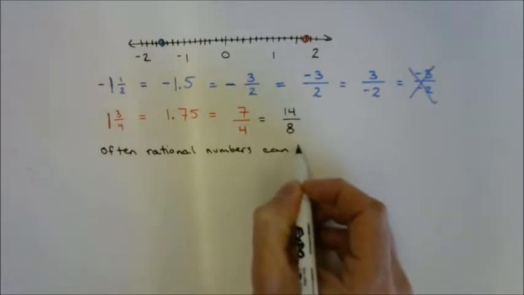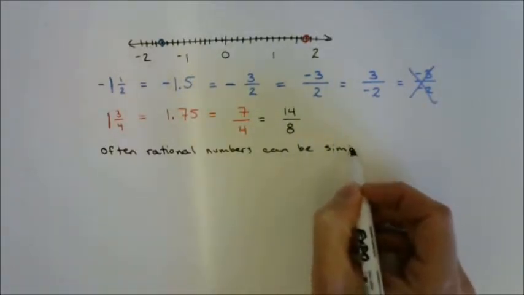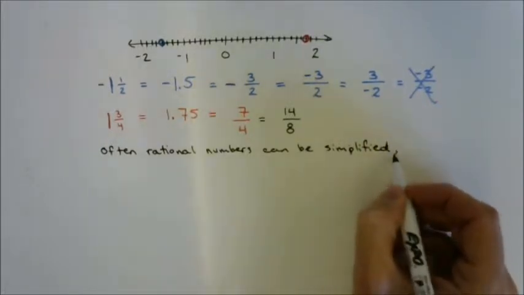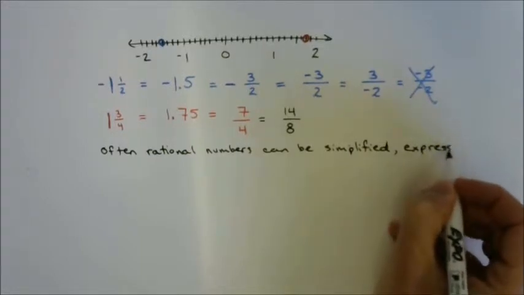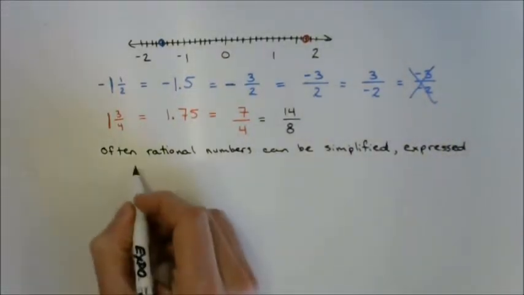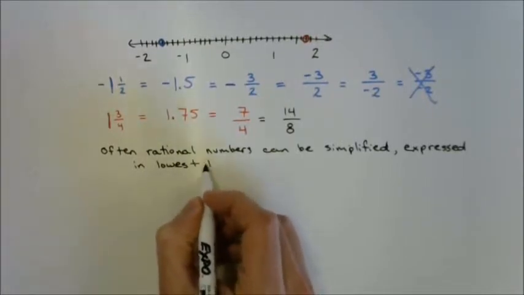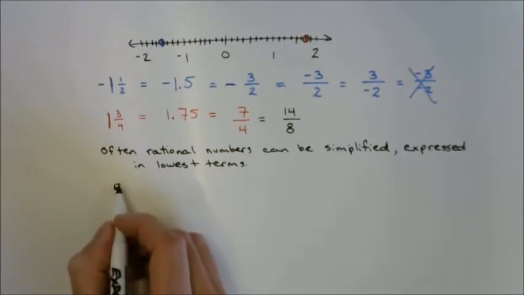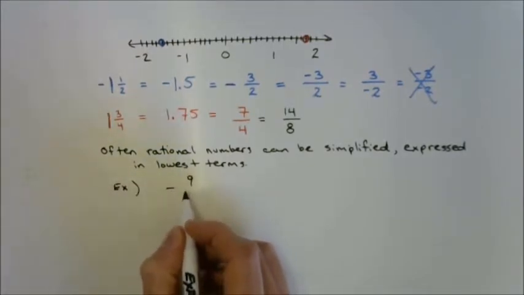So often, rational numbers can be simplified. Who knows another way to say simplified? Reduced. Nice, reduced, or expressed in lowest terms. So 3 ways to say it. Here's just a little example of that. Let's say you were given -9/16.